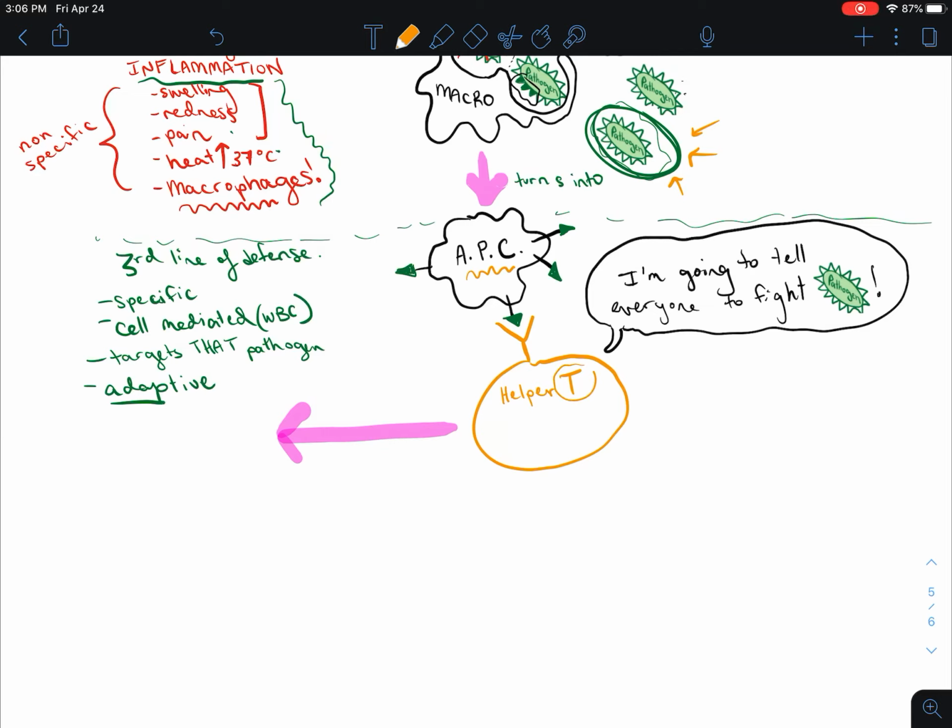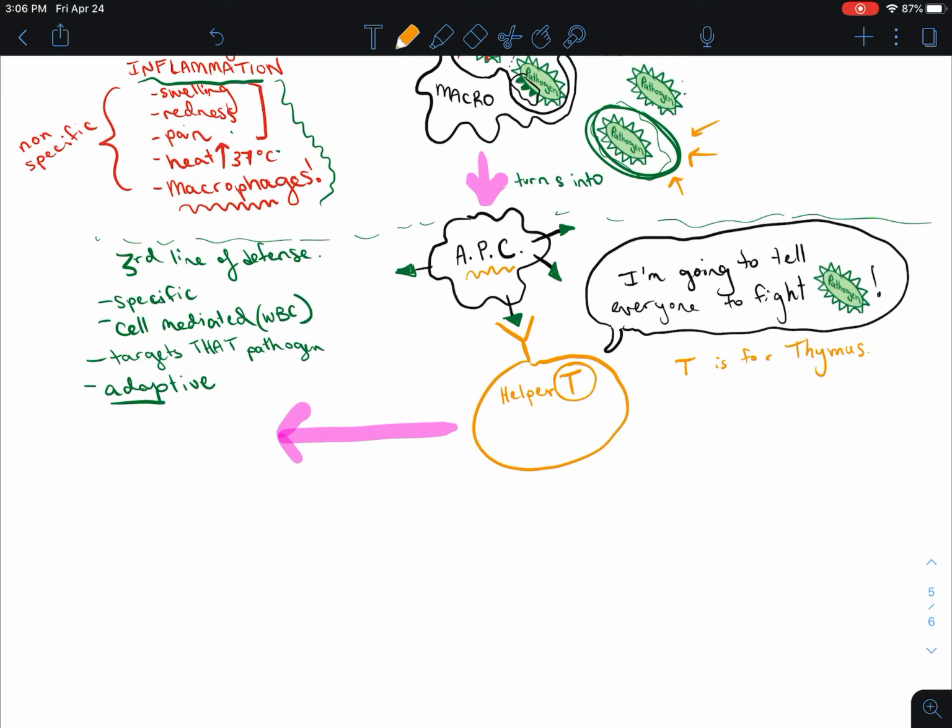So any of our cells that are a T cell, T is for thymus. Okay, so if you remember when we talked about the lymphatic system, one of the organs was your thymus, which is right close to your throat. And the thymus is where all of those T cells are going to go to be trained and to be matured.